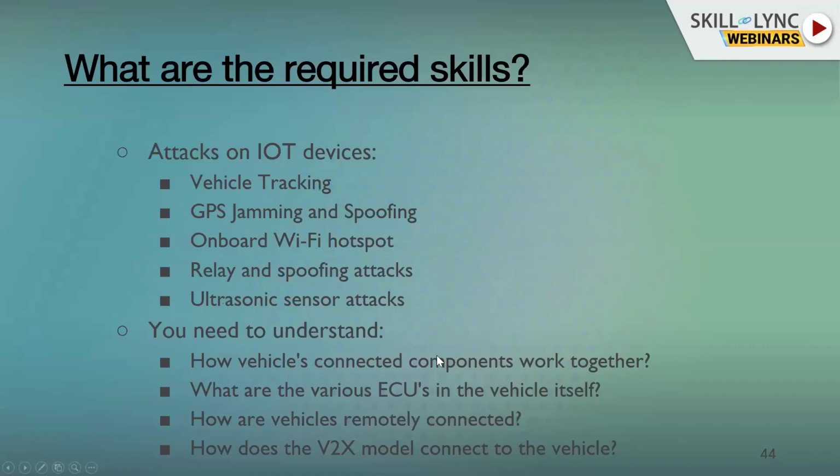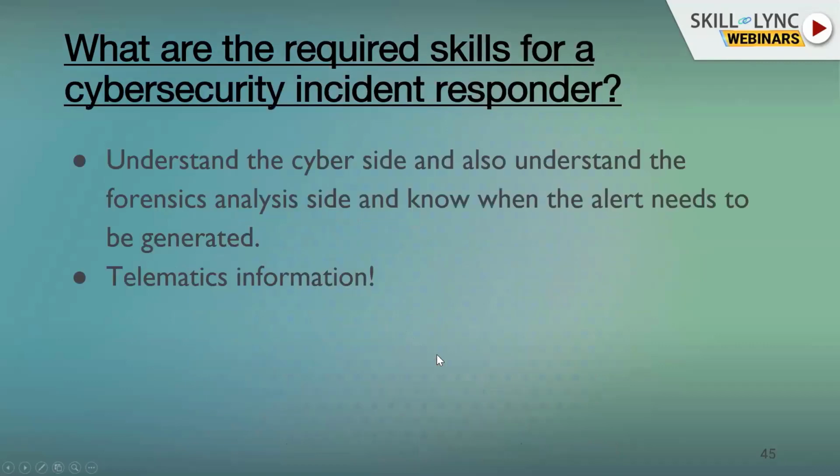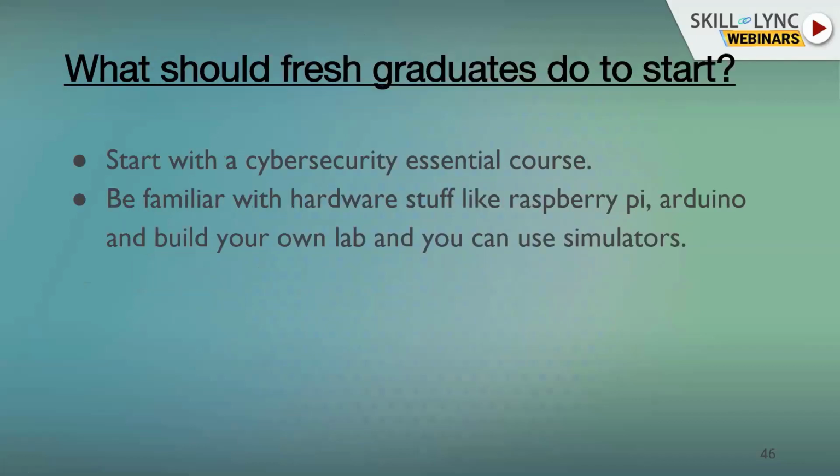These are the points that you need to understand. Going further, you need to understand the cyber side and also the forensic analysis side, and know what alerts need to be generated and what telematics information is shared. Lastly, what should fresh graduates do to start their career?